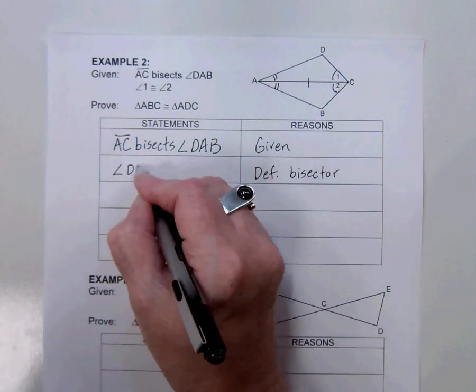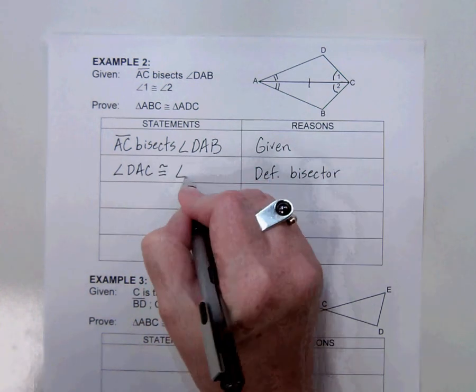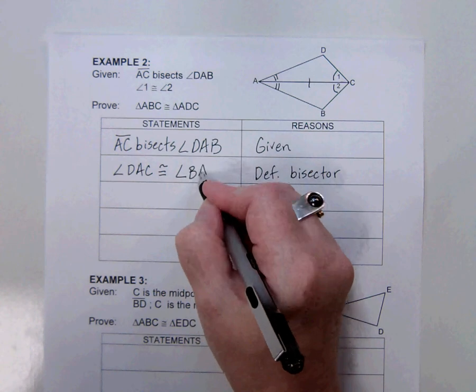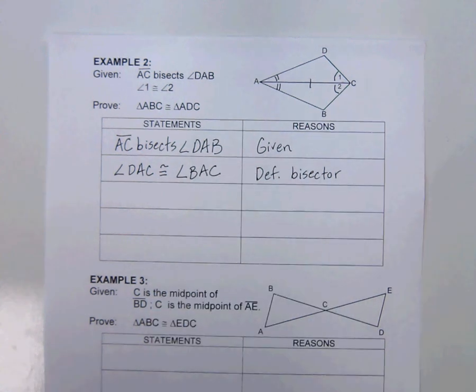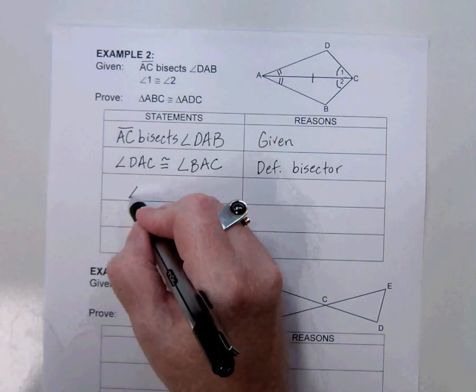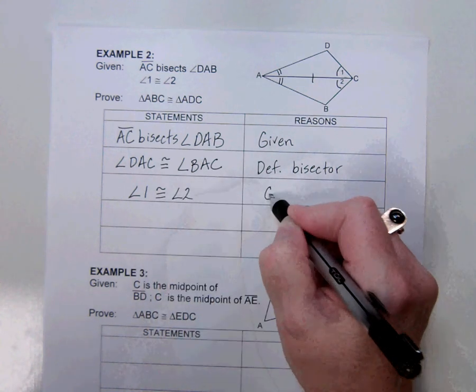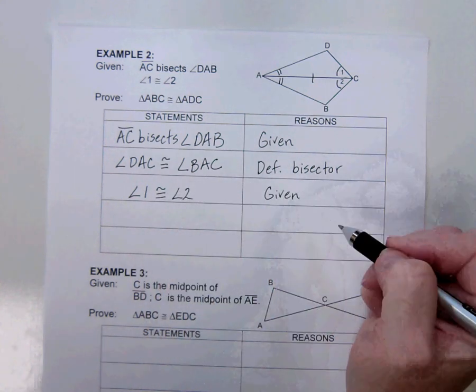So it's angle DAC and angle BAC. Those, we were able to tick mark with two tick marks because of that word bisector. Now 1 and 2, that was just already given to us. Sometimes you get to use the word given more than once if there's more than one given.